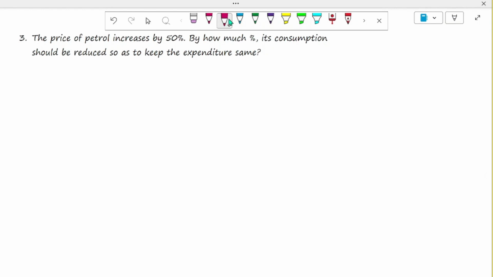The price of petrol increases by 50%. Okay. By how much percent should its consumption be reduced so as to keep expenditure the same?